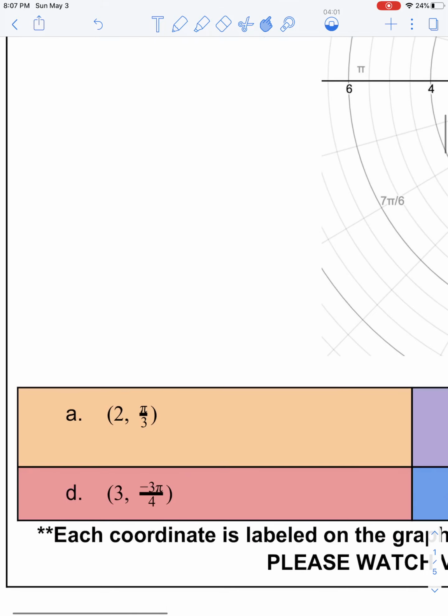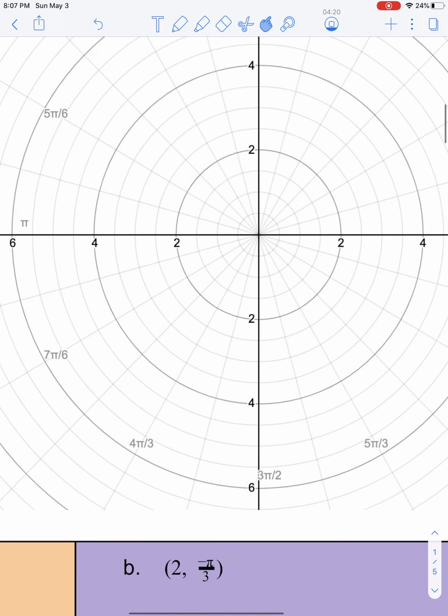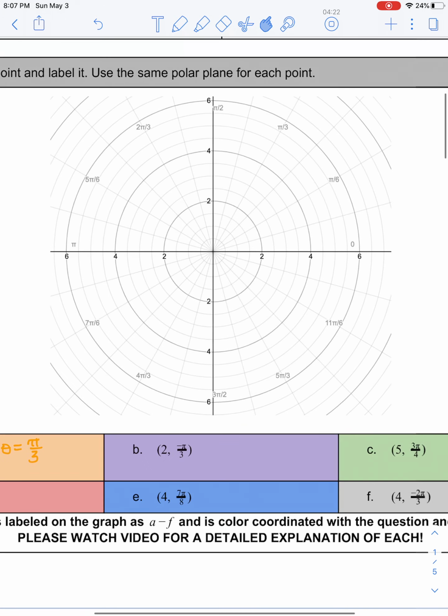So point A, let's unpack that. It says we have a radius of 2 and a theta value of pi over 3. On the radial line corresponding with pi over 3, we need to plot a point that is 2 units away from the origin. Looking at our polar grid, here's my polar axis.